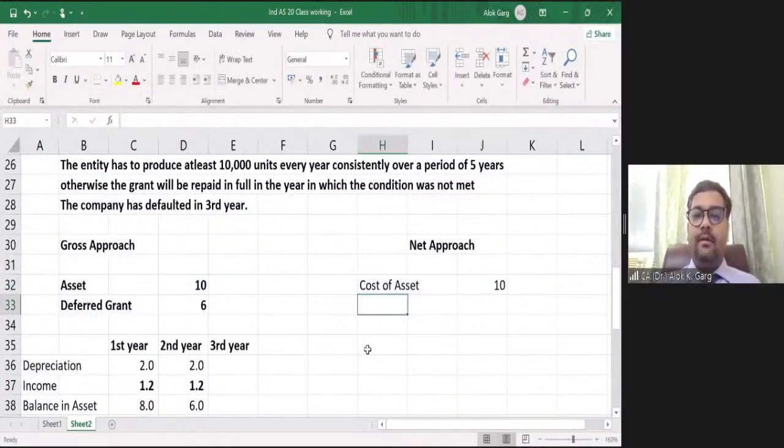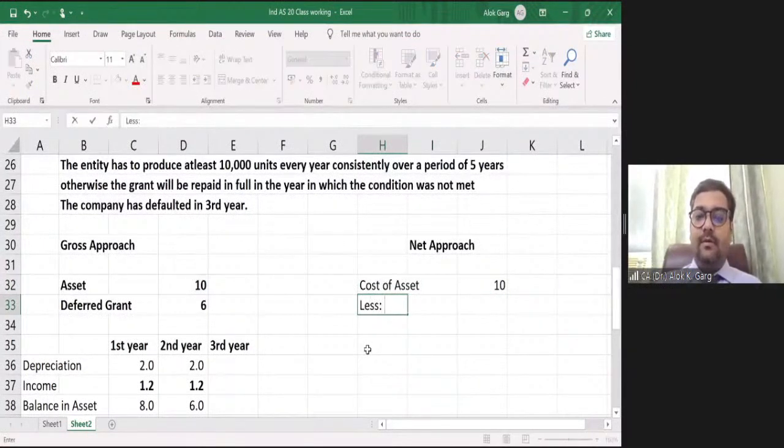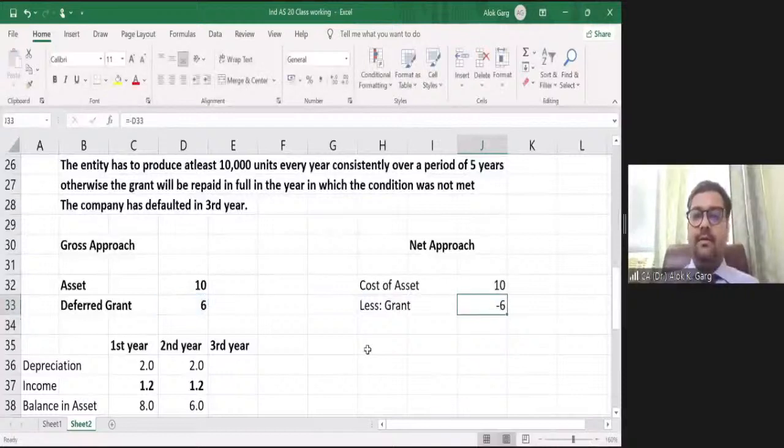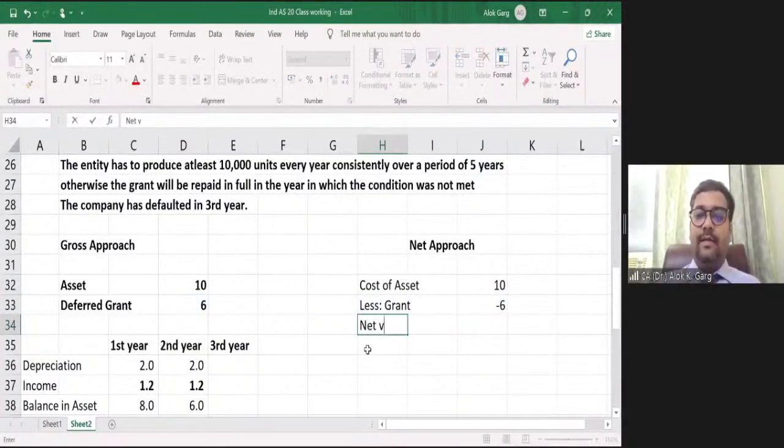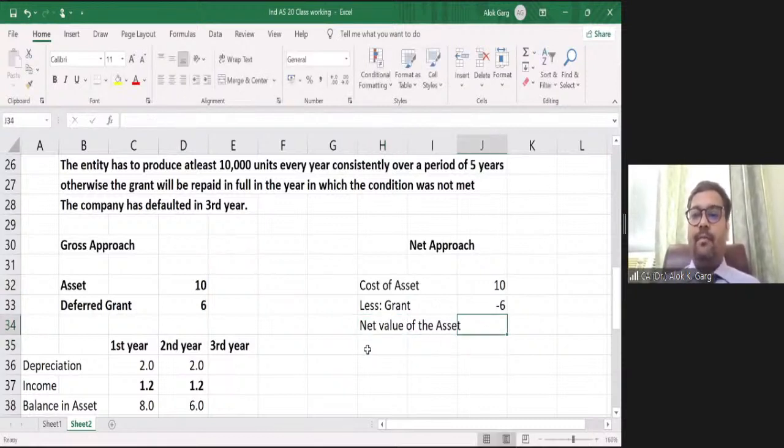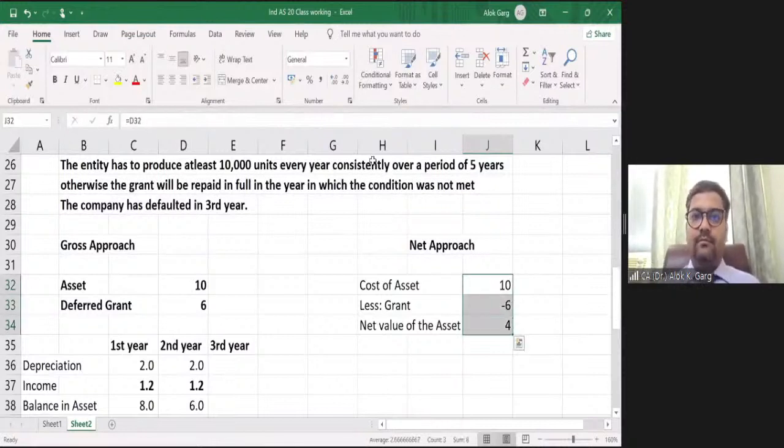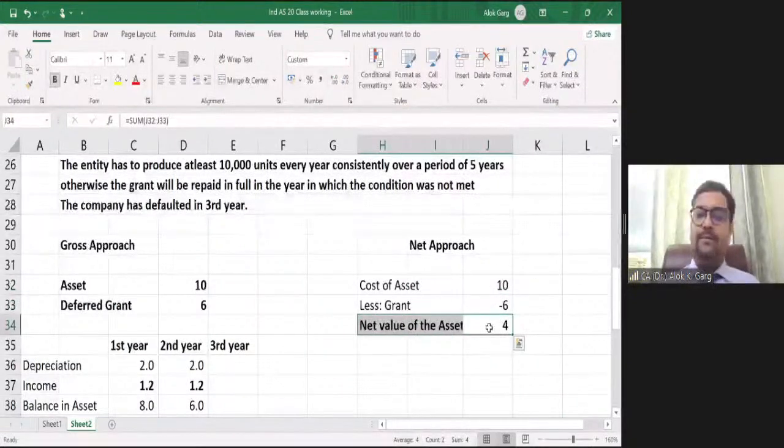10 less grant, how much? 6. Net value of the asset, okay, it is 4 lakh.